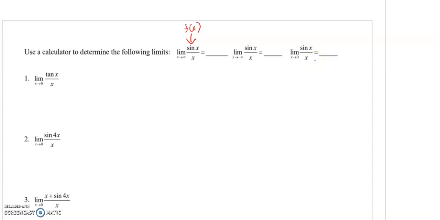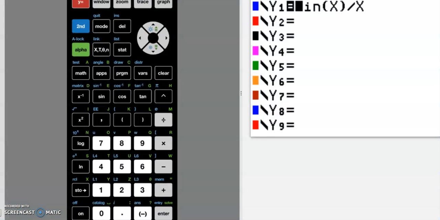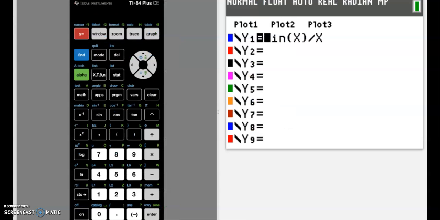So I've taken the liberty of already placing this in my graph. Now, you don't need to get this function into your graphing calculator at this time. You can just follow along and watch what I'm doing. I have my calculator in radian mode, and I'm going to set my screen as zoom 7 for trig.